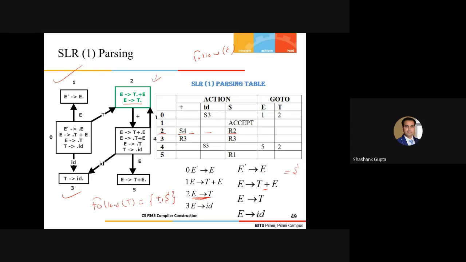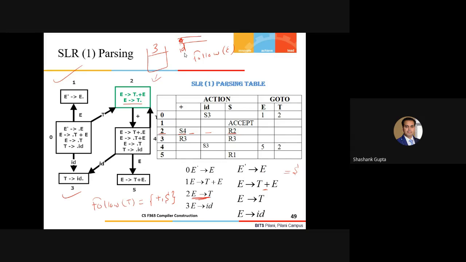So that means I will write these reduce entries under these columns, the plus entry. Now what does it mean? It means at any point of time, if my top of the stack is 3 and my look ahead pointer is pointing to plus, then only I should perform the reduction with rule number 3. And suppose if my look ahead pointer is pointing to ID, then I should not do the reductions.